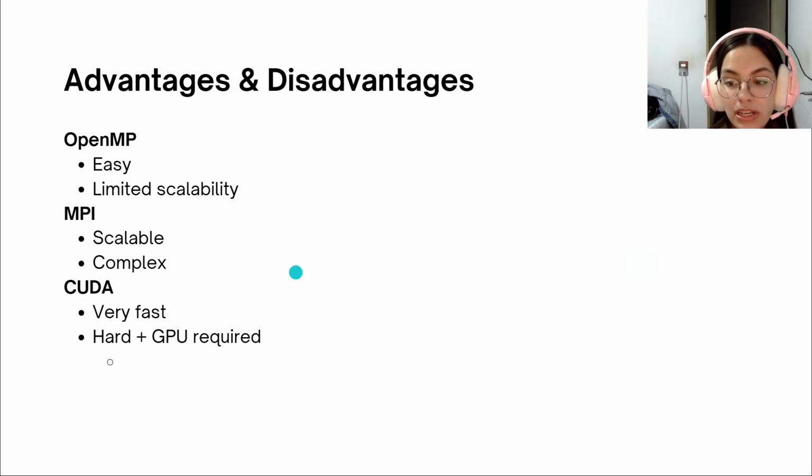Now let's see the advantages and disadvantages of each model. OpenMP is easy to use but limited in scalability. MPI is more complex, but it can scale across multiple machines. CUDA offers very high performance, but it requires a GPU and more advanced programming knowledge.